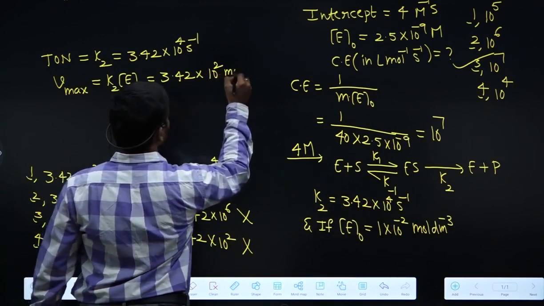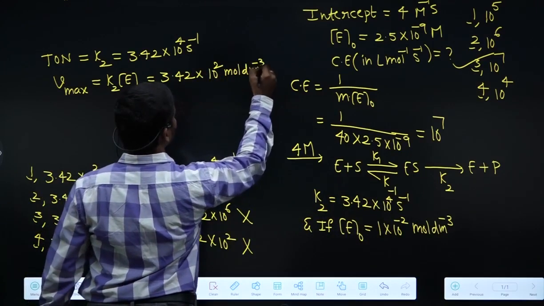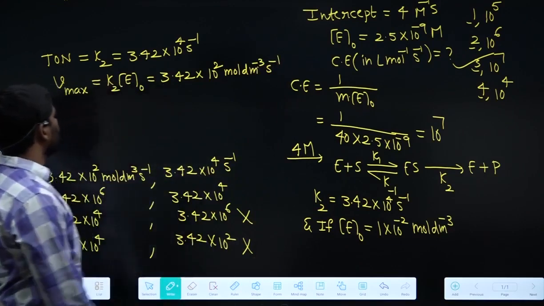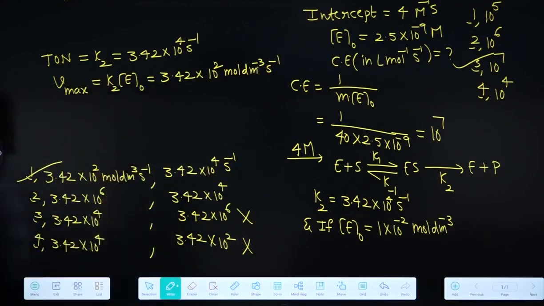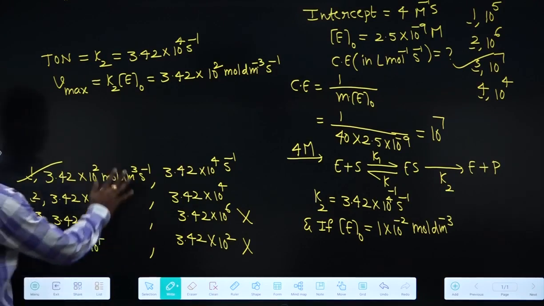Units: moles per decimeter cube per second. So option 1. Option 1, and next one.